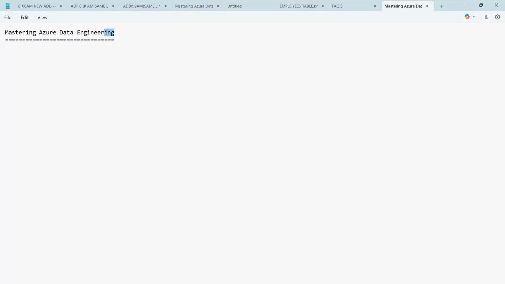Engineering is nothing but application of techniques, using Microsoft Azure, for data management.